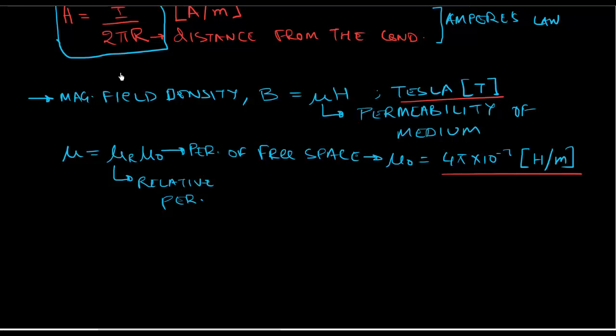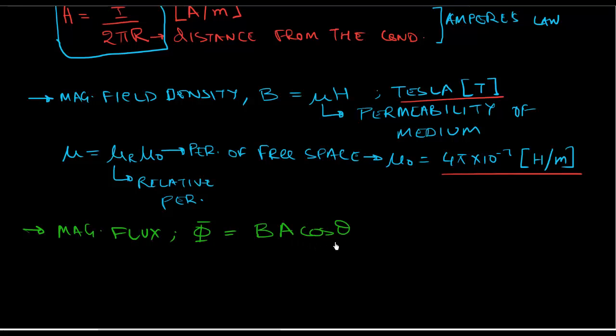So we've defined magnetic field, we've defined magnetic field density. Next comes magnetic flux. So what is magnetic flux? It's defined by phi, as you want to pronounce that. That is equal to B, the magnetic field density, times the area times cos theta.